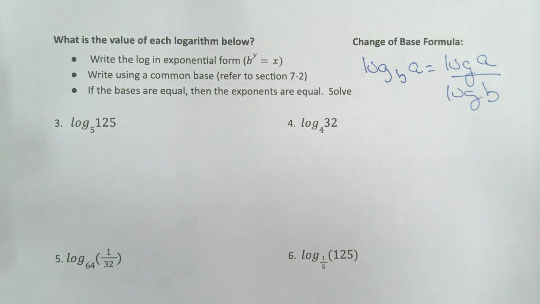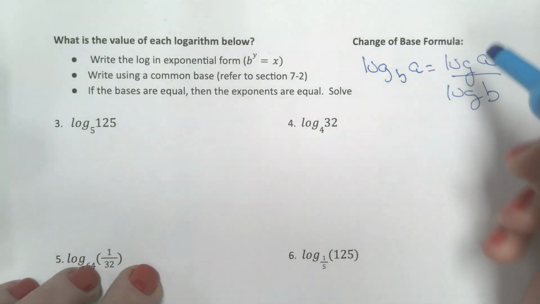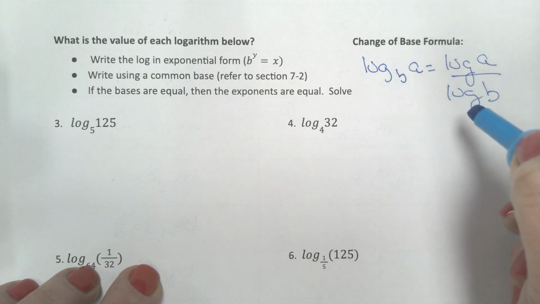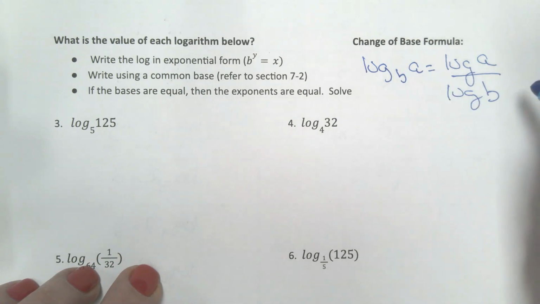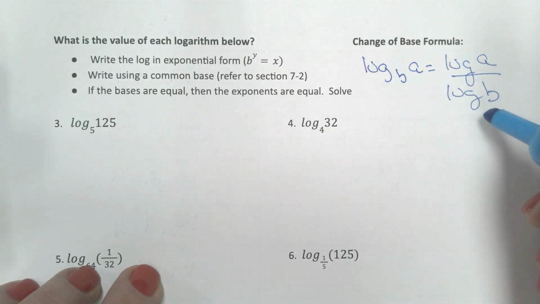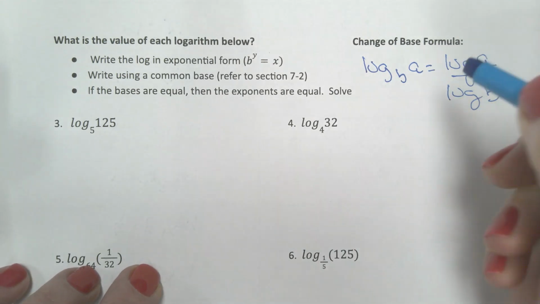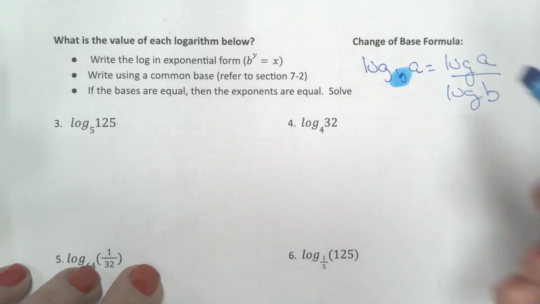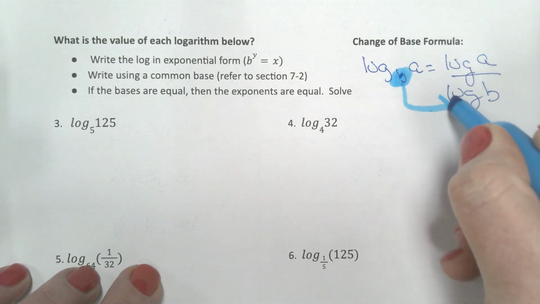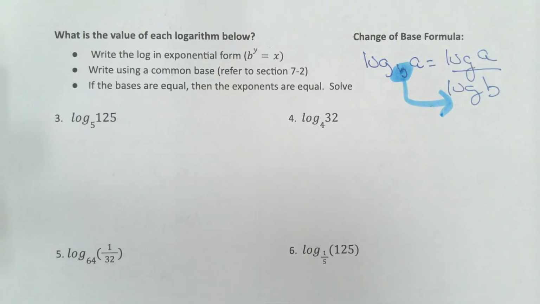Oh dear, caps are flying. Okay, so when you have this, we're going to rewrite it, and when we rewrite it, there's no base that I wrote down here, so I'm changing it to a base of 10 so I can use my calculator. This b is kind of trying to drag it down, so that one goes down to the denominator.